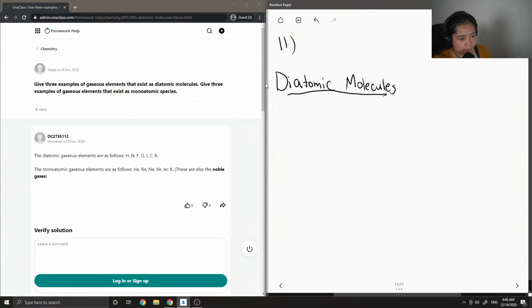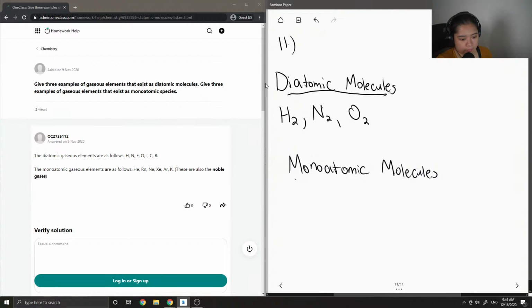So 3 examples of diatomic molecules would be H2, N2, or O2. And for monoatomic, since it has a prefix of mono, that only means 1. Like when you have a monocle, there's only 1 lens. So examples of monoatomic, not molecules, but species.